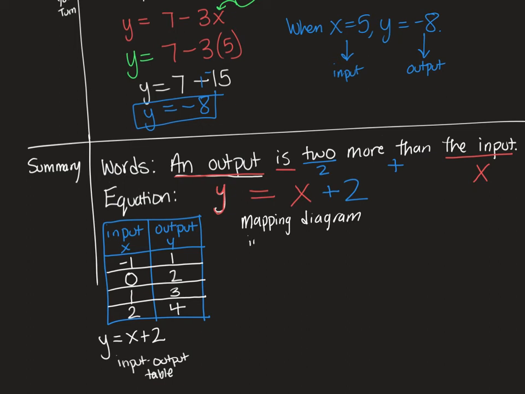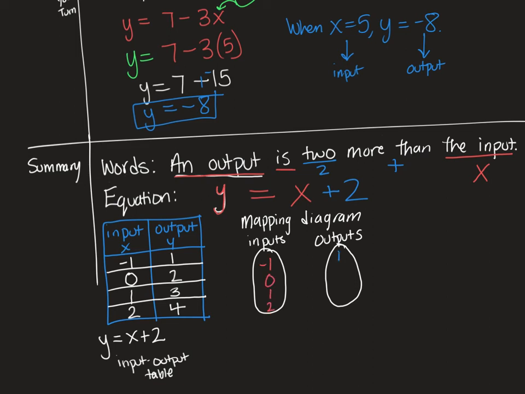Remember I taught you, you can just draw a rectangle or a circle. So we have our inputs and we have our outputs. So my inputs are -1, 0, 1, and 2.